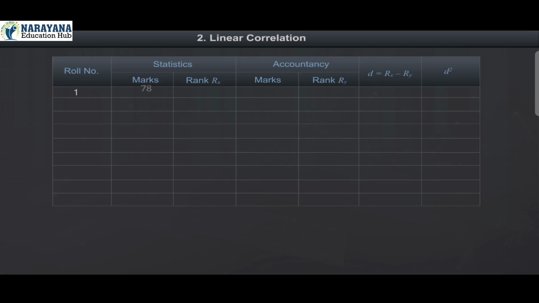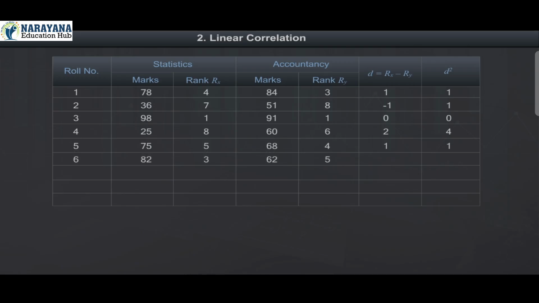D square. 1: 78, 4, 84, 3, 1, 1. 2: 36, 7, 51, 8, minus 1, 1. 3: 98, 1, 91, 1, 0, 0. 4: 25, 8, 60, 6, 2, 4. 5: 75, 5, 68, 4, 1, 1. 6: 82, 3, 62, 5, minus 2, 4. 7: 90, 2, 86, 2, 0, 0. 8: 62, 6, 55, 7, minus 1, 1.